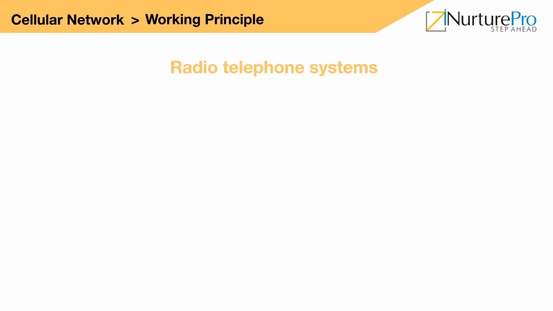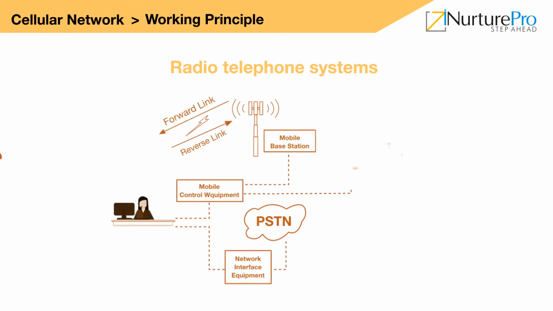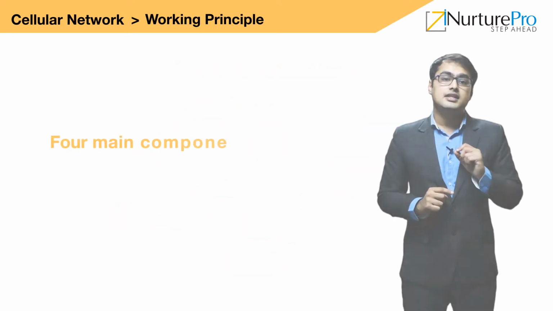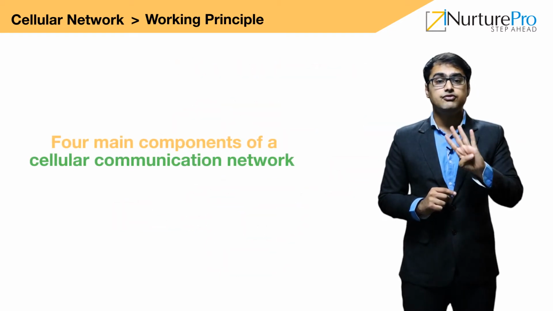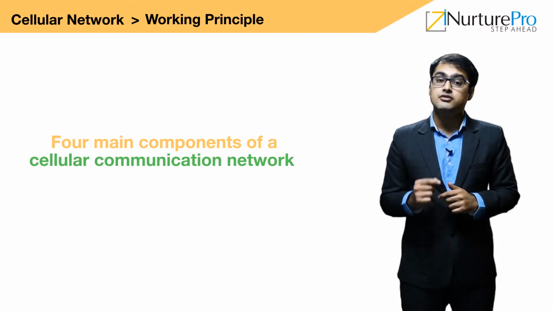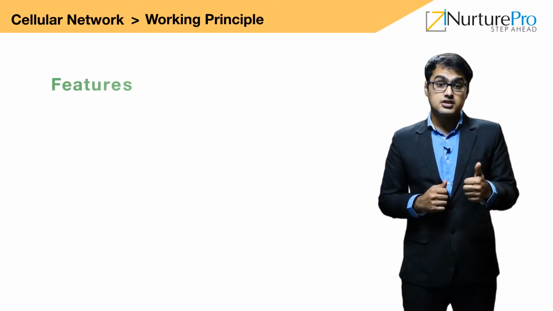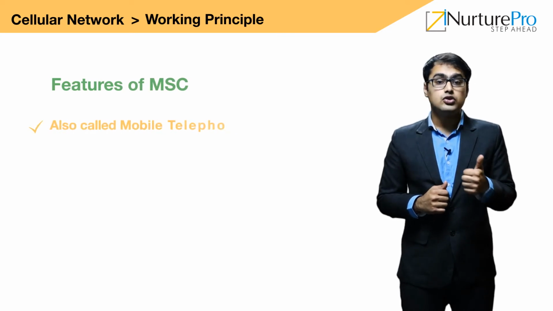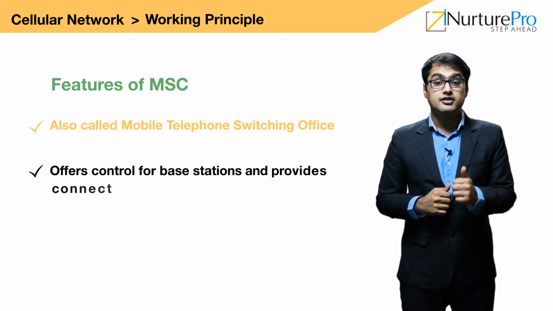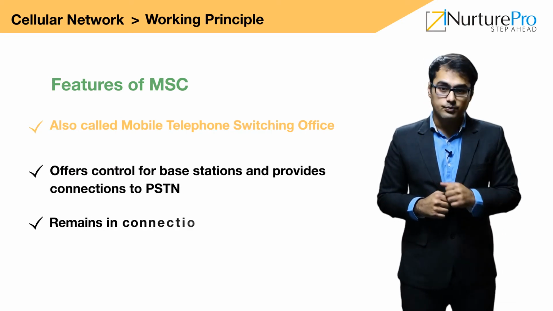A simple mobile network structure consists of radio services and telephone systems, where radio service works in a closed network and does not have any access to the telephone system, which enables connection between two telephone networks. Thus, the cellular communication system contains four main components that work together in order to offer mobile services to its subscribers. First, the Mobile Switching Center, or MSC, which is also known as the Mobile Telephone Switching Office, or MTSO.